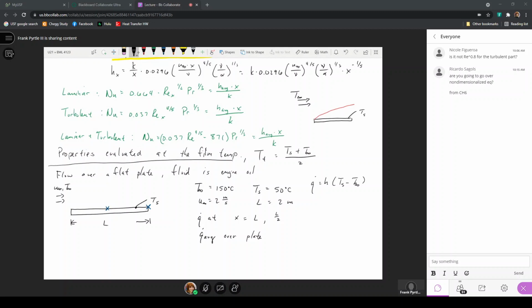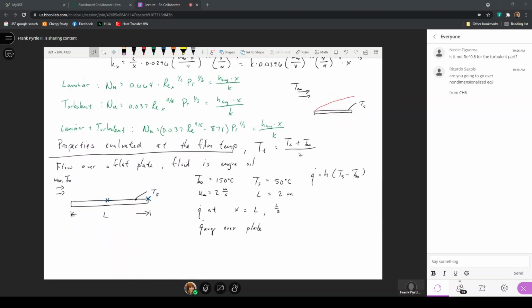If there's a laminar and turbulent region over the length of this plate, then the average heat flux is going to be based on an average heat transfer coefficient that has to take into account that there's a laminar and turbulent region. If there isn't a turbulent region, then the average heat flux over the entire length of the plate would just be the average heat transfer coefficient for just a laminar flow for the entire length of the plate here.